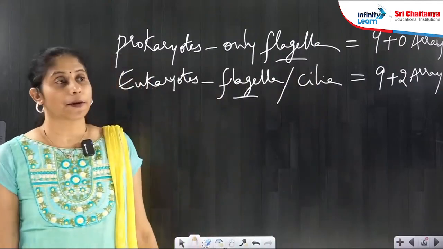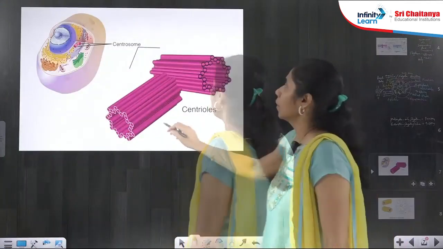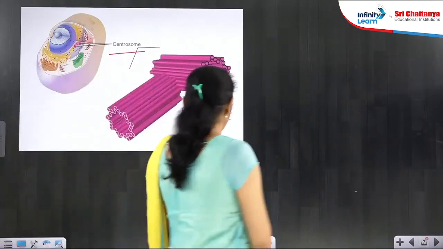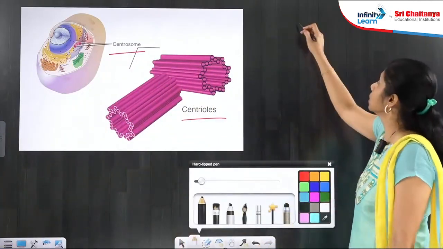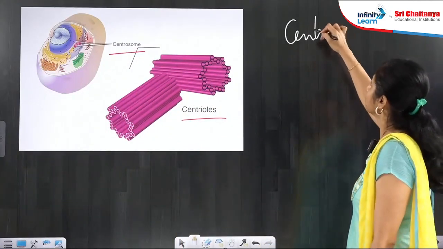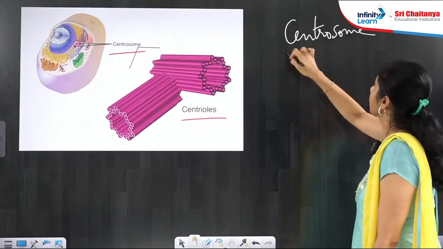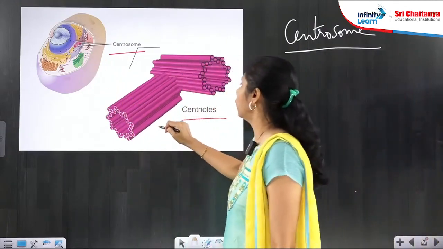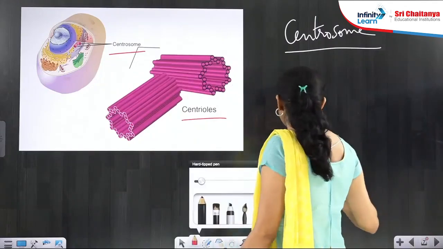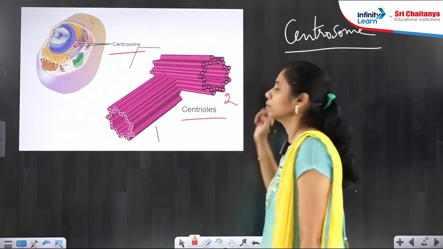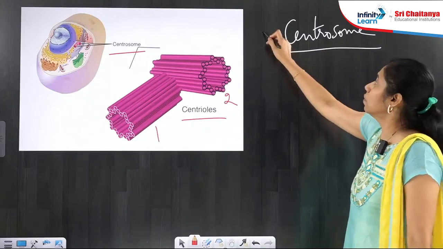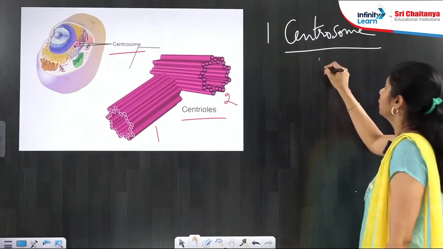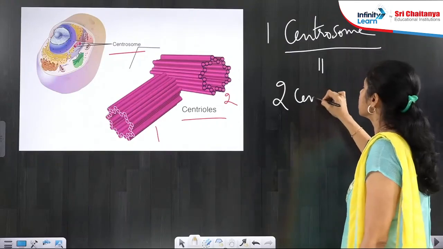Have all understood this? The next cell organelles are the centrioles and centrosome. This is one centrosome, which is made up of 2 centrioles.